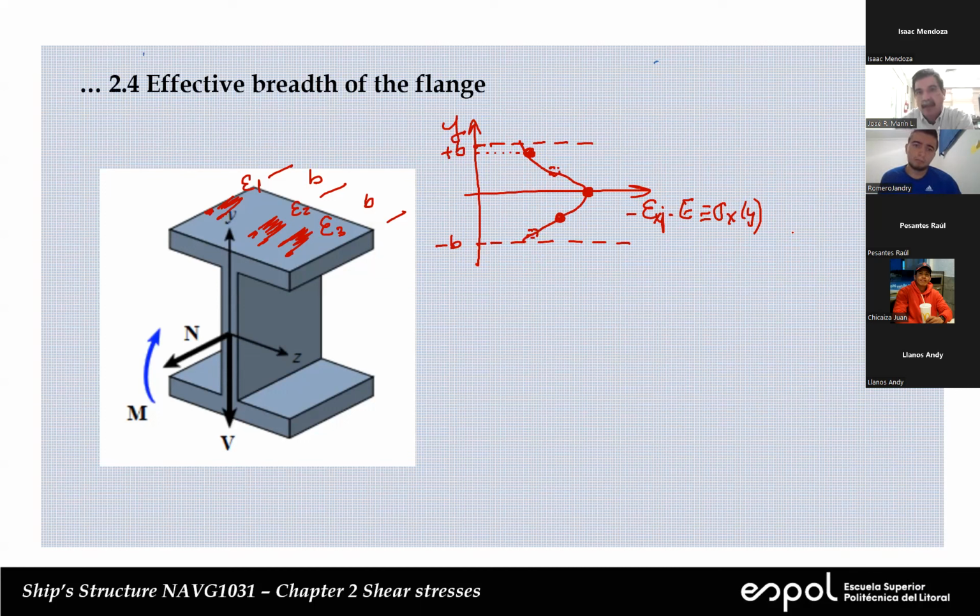There. So you have 5 points, and with these 5 points, you know it is symmetric. You can determine the distribution of the normal stress.